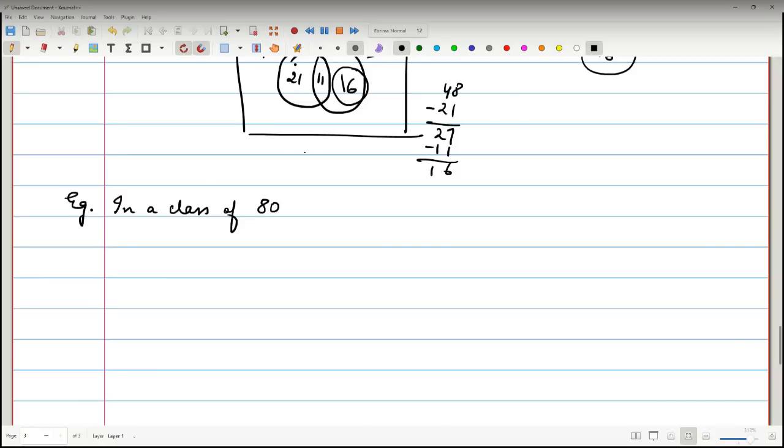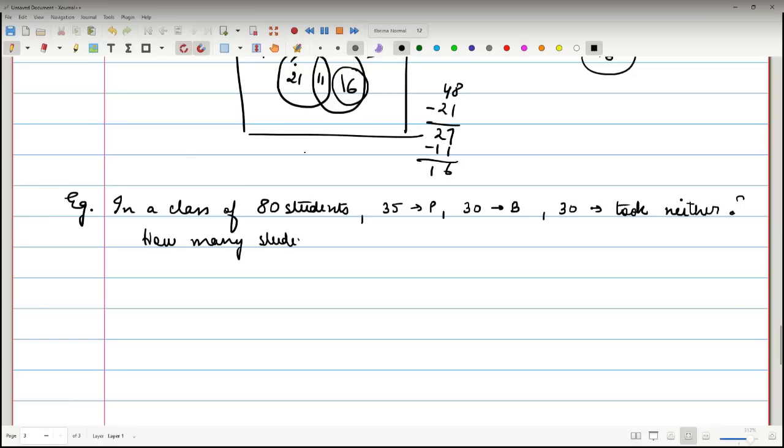In a class of 80 students, 35 took physics, 30 took biology, and 30 took neither. So how many students took physics and biology?